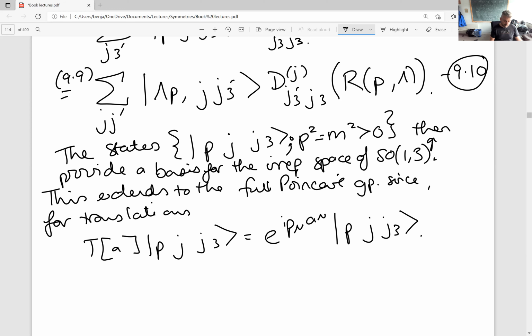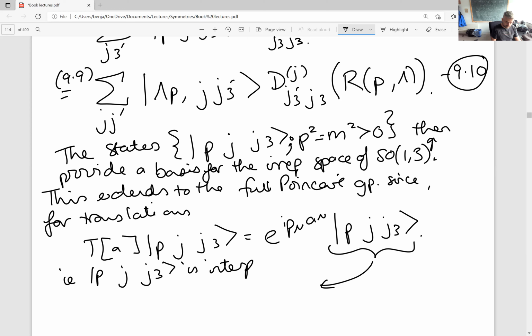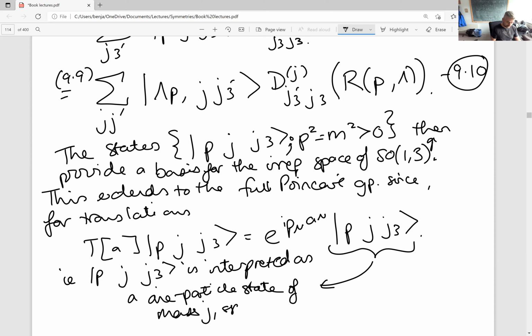Okay, and so we interpret this as a single particle state, because it translates in the way that we expect those to translate. Let's call it a one particle state of mass M and total spin J.